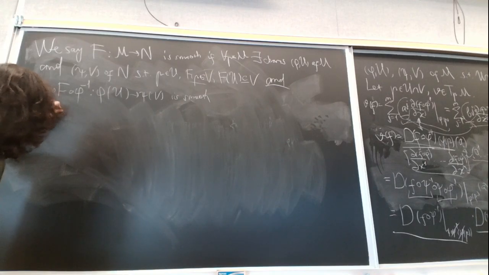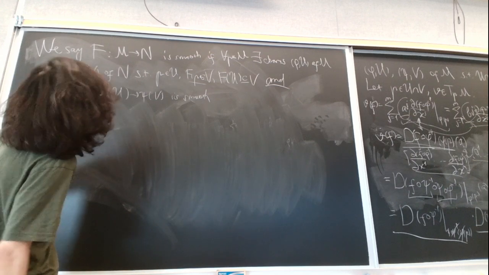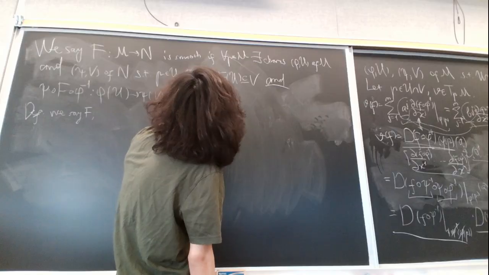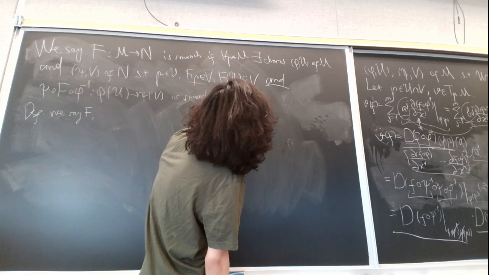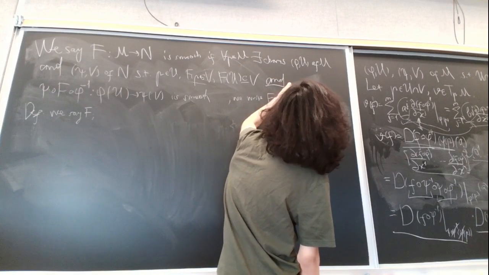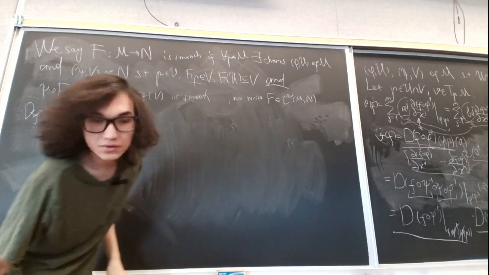And then another definition. We write f belongs to C infinity of M comma N. That's the notation.